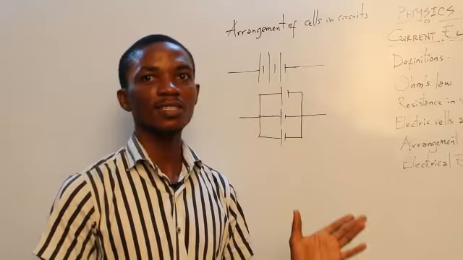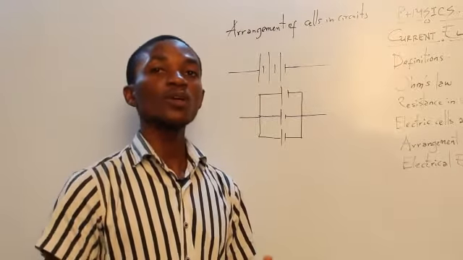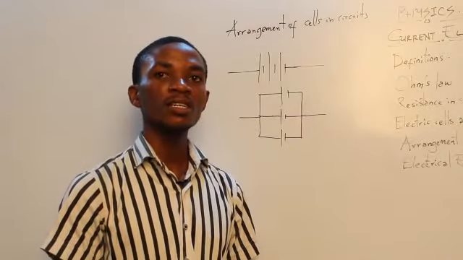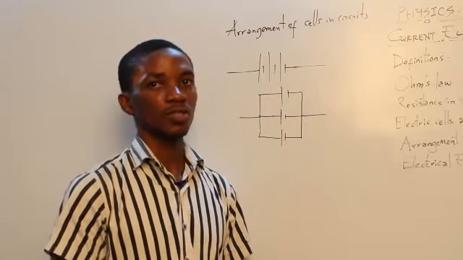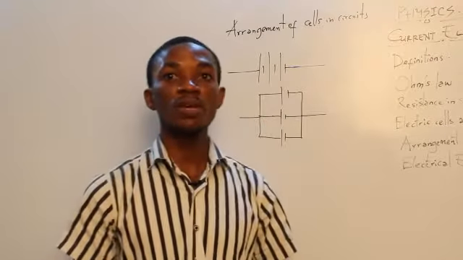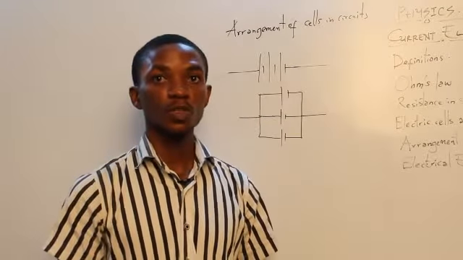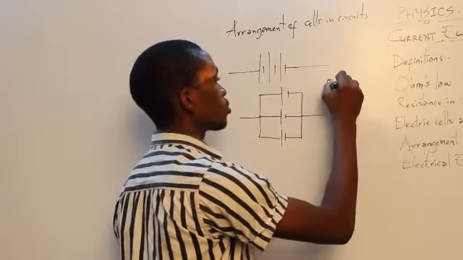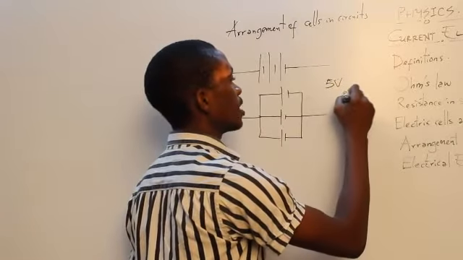Now, why do we connect our cells in a parallel connection? When you connect any system in parallel, you have the chance of increasing the current that comes out of it. When you are working in series, your current remains the same. So let's say each of my cells is 5 volts, 3 amperes.